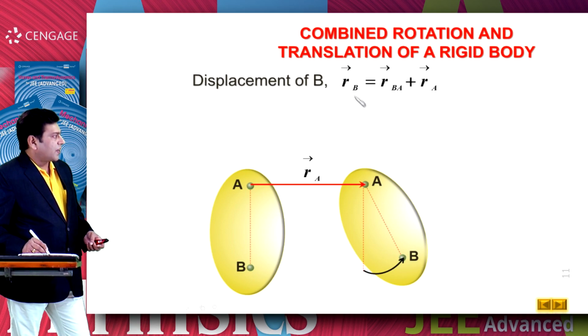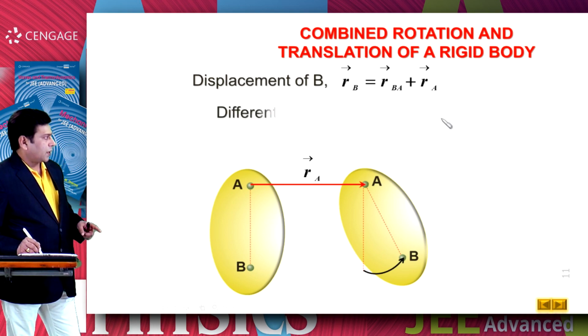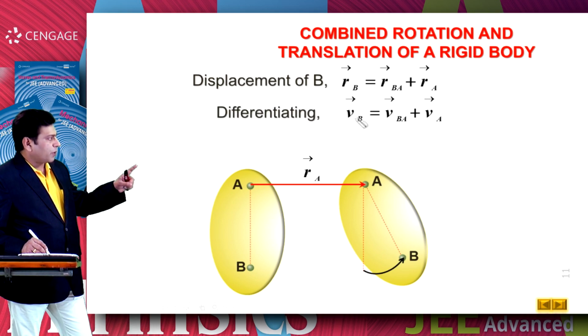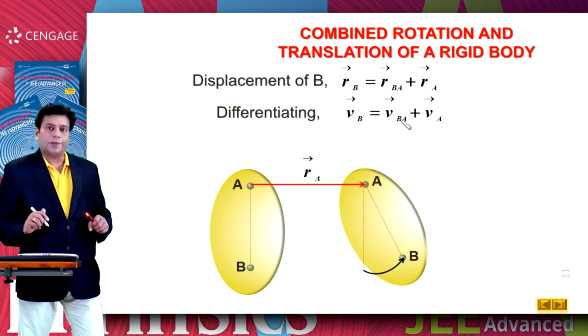So after differentiating, we can write VB equal to VBA plus VA, that is, the velocity of B equals the relative velocity of B with respect to A plus VA.